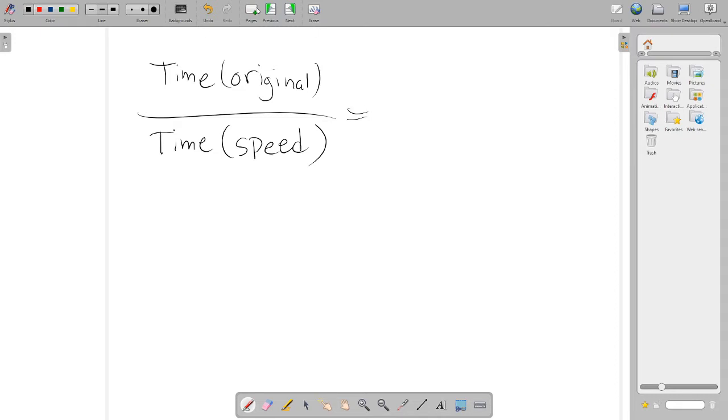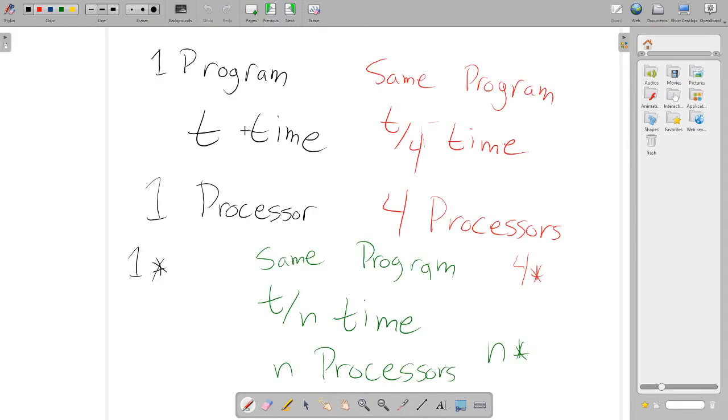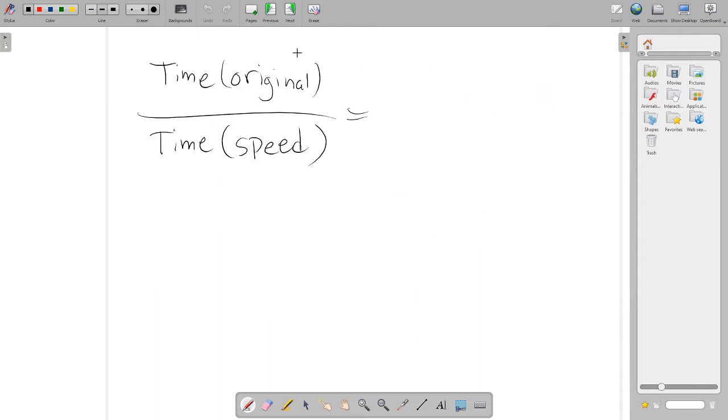So we'll go back to the previous example in which the program takes t amount of time to run. So that's a hard t right there. And then we need to talk about the speed of the parallel version of it.